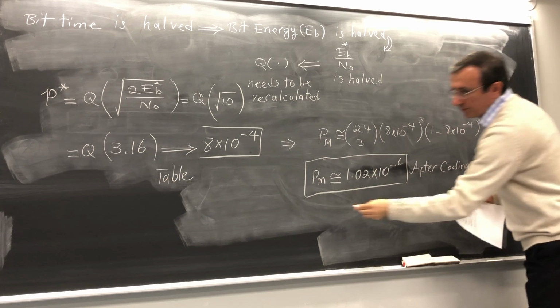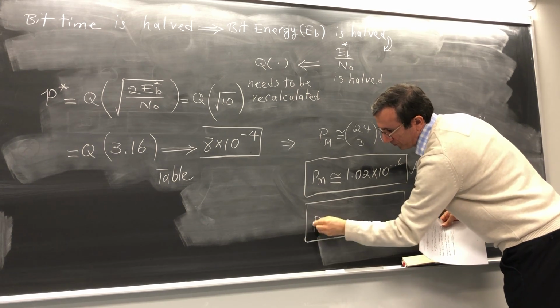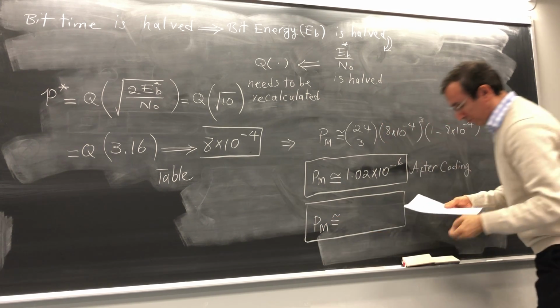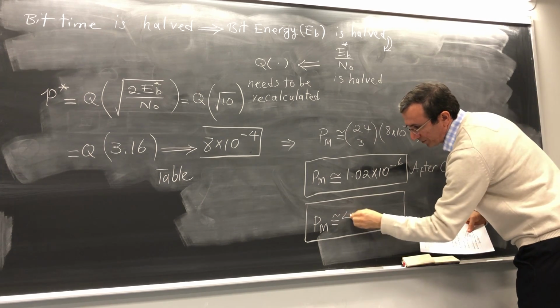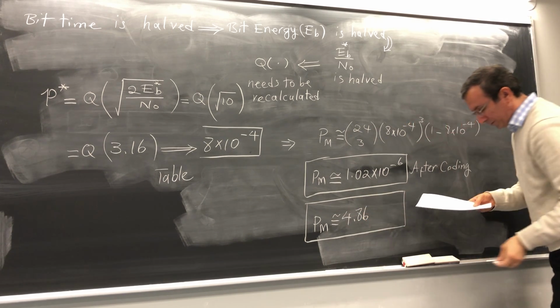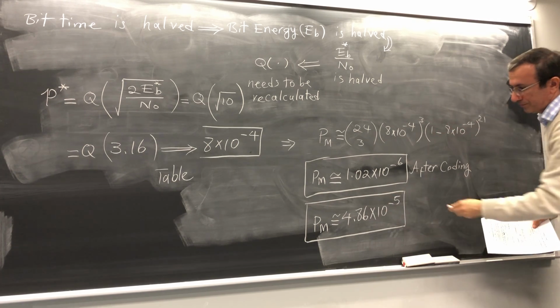How much was this probability of message error before coding? 4.86 times 10 to the negative 5.